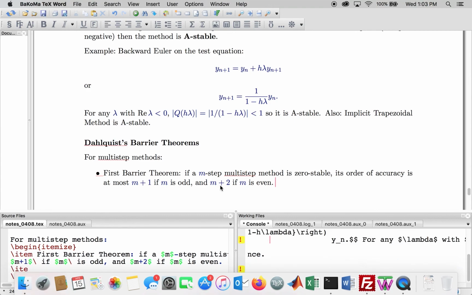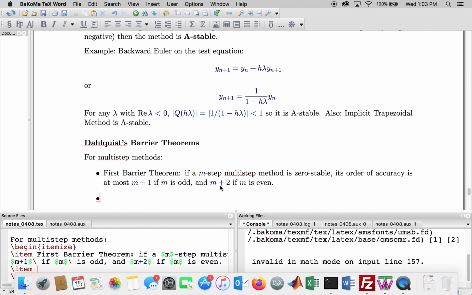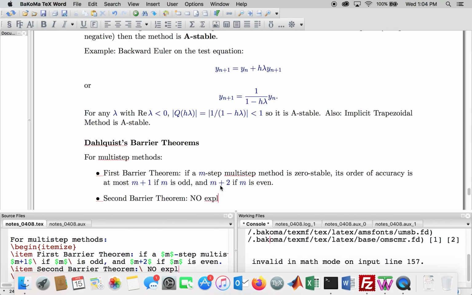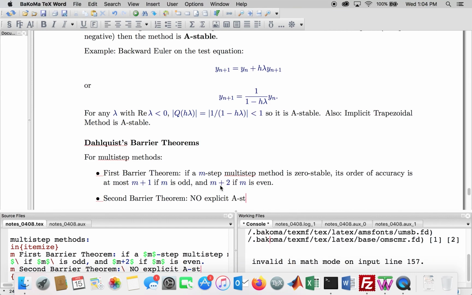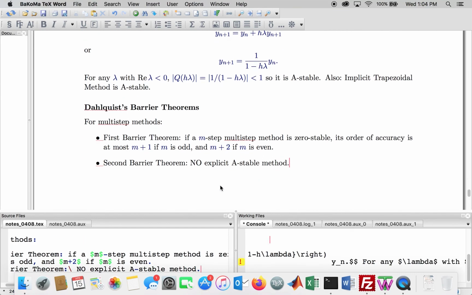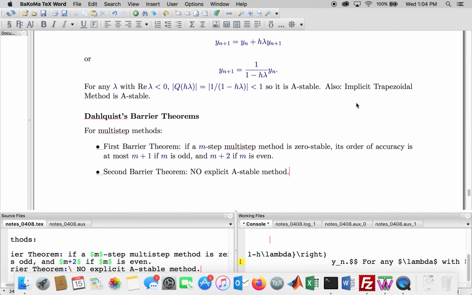Now, the other theorem is about A-stability. The second barrier theorem says a number of things. There is no such thing as an explicit A-stable method. So any A-stable method we see has to be implicit, such as backward Euler or the implicit trapezoidal method.